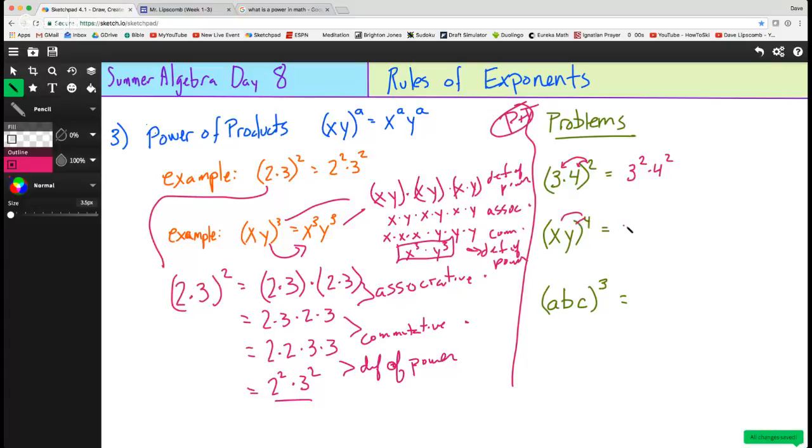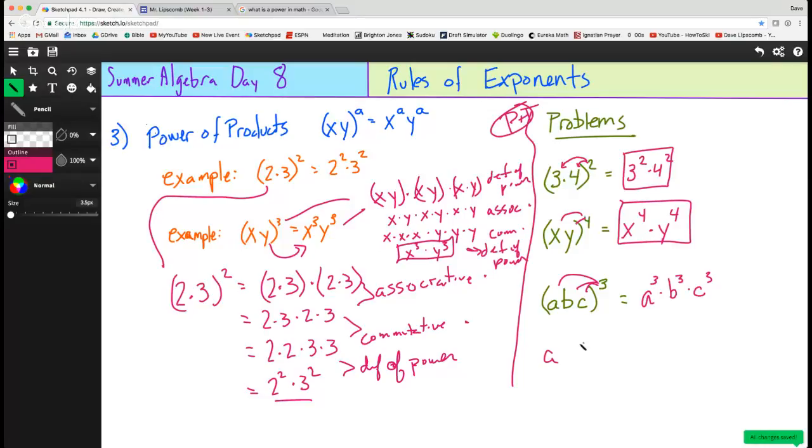This is x to the 4th times y to the 4th. And this is, because there's 3, I could do it 3 times. I get a cubed. I've said that a few times, and I haven't explained this perhaps.